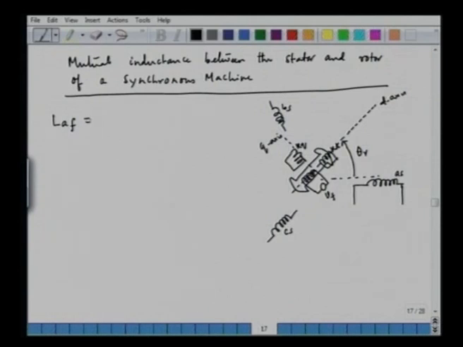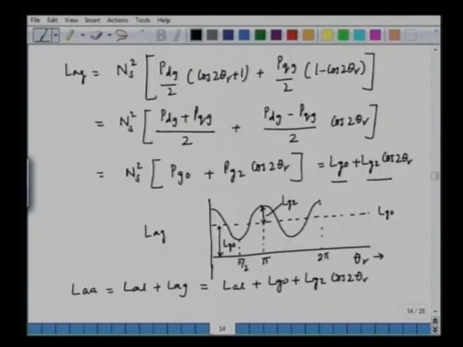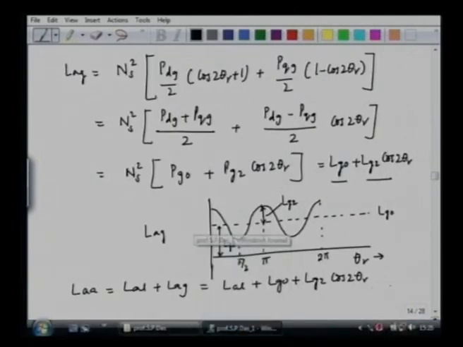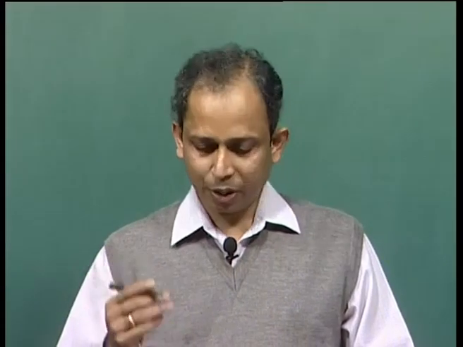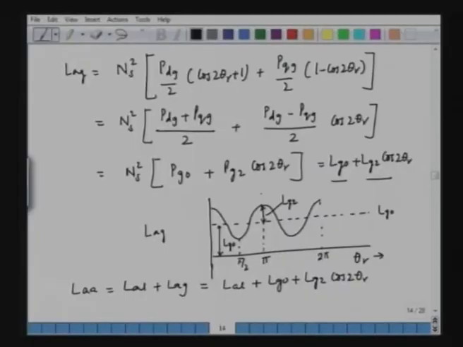LAF is given as LG0 plus LG2. Now this is the inductance in the D axis. We have already seen this, that if you see this expression in this case, that we have a maximum inductance and we have a minimum inductance. This is the inductance of phase A, the magnetizing inductance of phase A, when it is alternately seeing the D axis and Q axis. When it is seeing the D axis, the inductance is maximum.